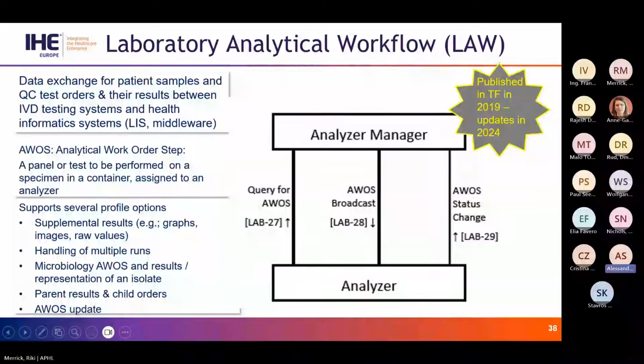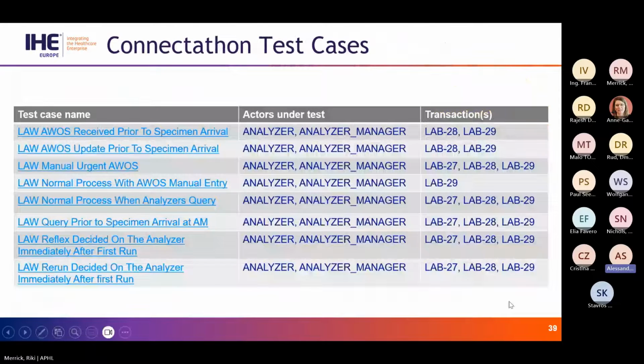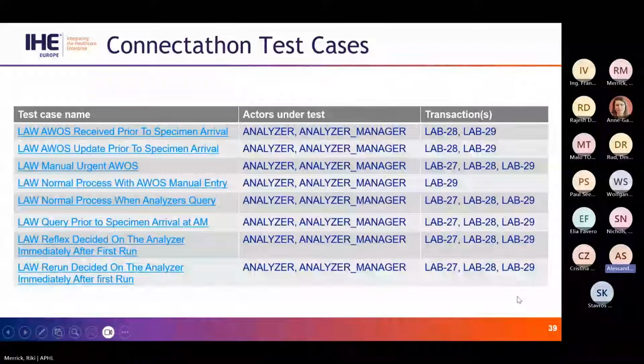We will see it in a moment. Just also for this profile, a list of all connectathon test cases that we have. Also, these test cases are in production because this profile has already been tested in some past connectathons.